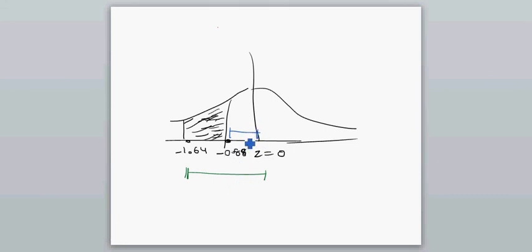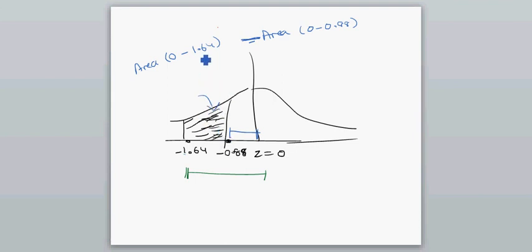Then removing this area from this area, I mean the green color area, 0 to 1.64, so that we will get the required area. So what we are going to do is remove area from 0 to 1.64 minus area from 0 to 0.88. So when you subtract this, we get the required portion.